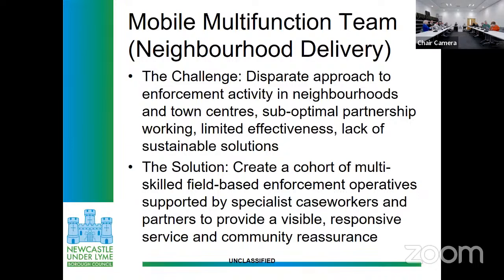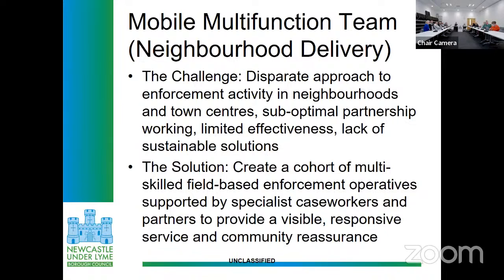So one of the big blue blocks at the top that we saw before was the mobile multifunction team. And this is what I wanted to focus on this evening. We've heard a lot about the customer hub and the one front door, and that's one of the blocks, but this one is equally important.